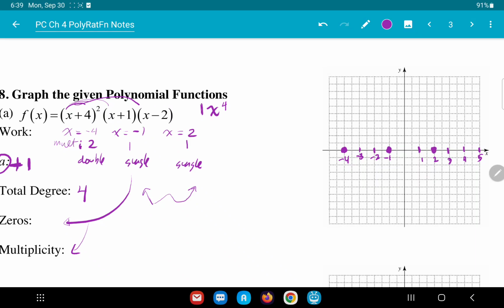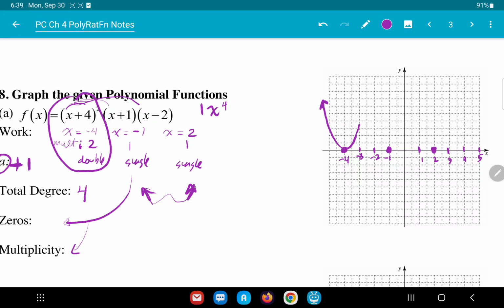In terms of end behavior, we talked about how it's going up to up. So we should be starting from quadrant 2, somewhere up here, and making our way through -4. Now at -4, keep in mind that it is a double root, so you do want to bounce at -4. So I'm going to start at -4 and show my bounce as it goes up like that. Since I know it's going to bounce, I'm going to draw it the other way as well, kind of like this, so that it bounces up like that.